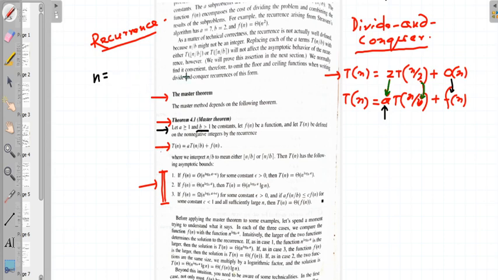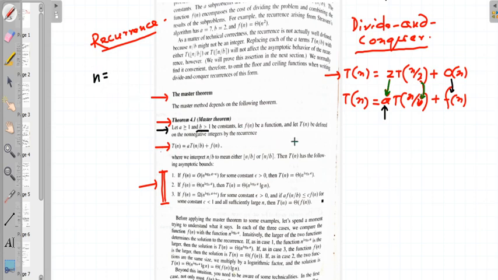So n by b, this n will be an exact power. We'll discuss this. For the time being, b greater than 1 is okay, but whenever we prove it, we'll be assuming something like that. We'll come back to this afterwards.